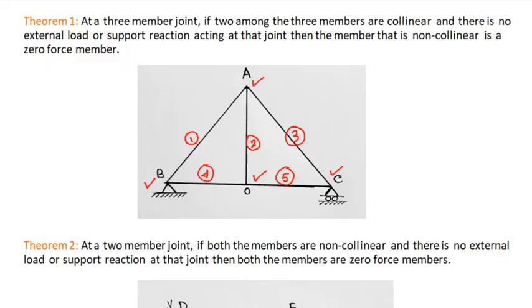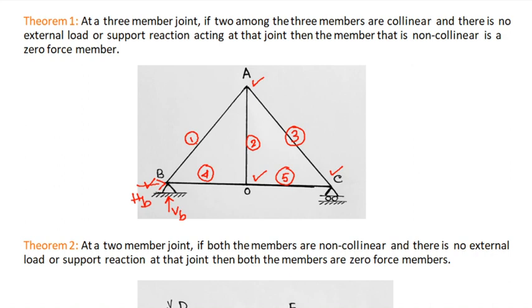While determining the zero force member, the first thing that we need to see is the joint that is having no external load or support reaction. As you can see, joint B is having a support, that is pin support, or we can say hinge. Here it will have 2 support reactions, that is the vertical one, say VB, and there will be a horizontal one, say HB.